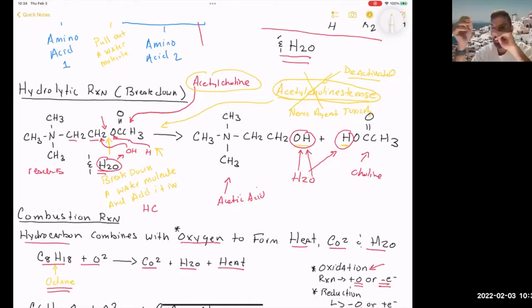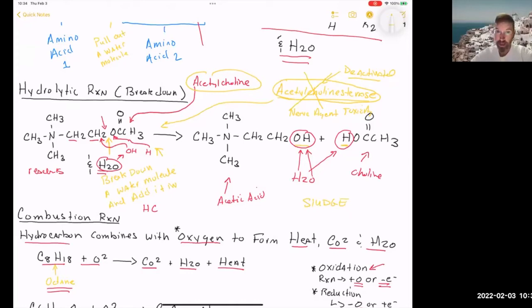And you guys probably learned SLUDGE, an acronym to help you remember what happens when you have nerve agent toxicity: salivation, lacrimation, urination, defecation, gastrointestinal upset, and emesis, among other things.